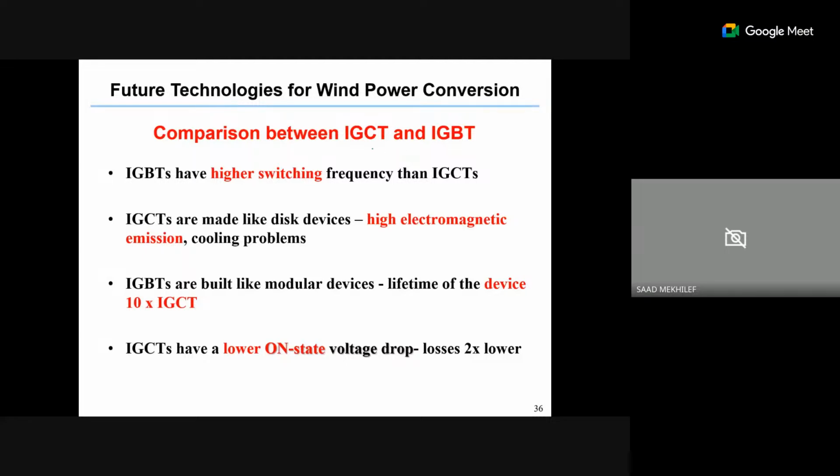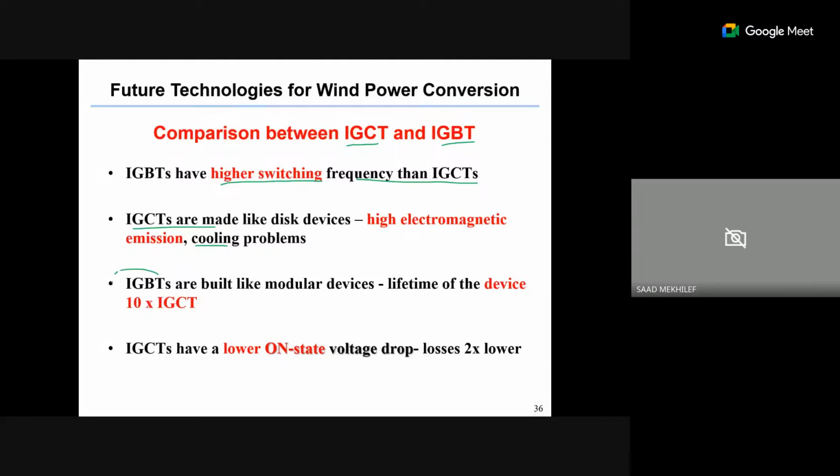If you look at the comparison between the IGCT and IGBT, IGBTs have a higher switching frequency than IGCTs, which means they are able to switch at a higher frequency, because IGCTs are usually quite large in size, and they have high electromagnetic emissions and cooling problems.